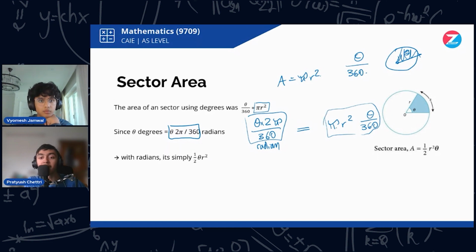So what's the difference here? Well, I don't see much of a difference other than r square. Yes, there's an r square here, so there should be an r square here. And one difference I see is that 2. There's no 2 over here, so I'm going to make it half. So if we simplify this to half, angle in radian, times r square is equal to the sector area.